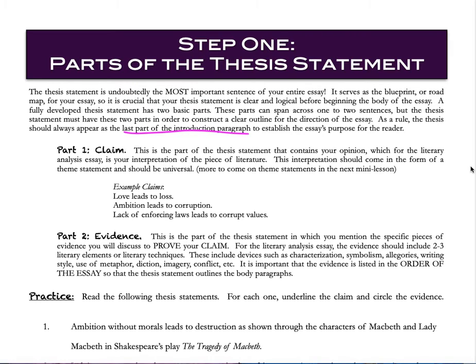The second part of your thesis is the evidence. This is the part of the thesis statement in which you mention the specific pieces of evidence you will discuss to prove your claim. For the literary analysis essay, the evidence should include 2 to 3 literary elements or literary techniques, and that could include devices such as characterization, symbolism, allegories, writing style, use of metaphor, diction, imagery, conflict, etc. It is important that the evidence is listed in the order of the essay so that the thesis statement outlines the body paragraphs.